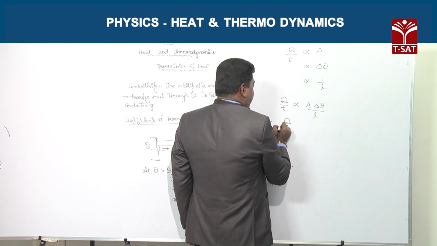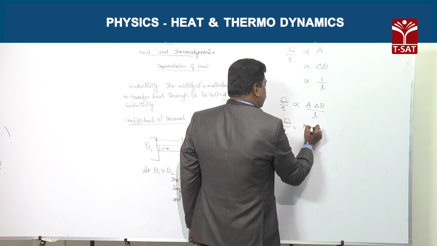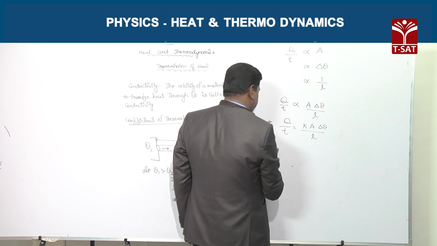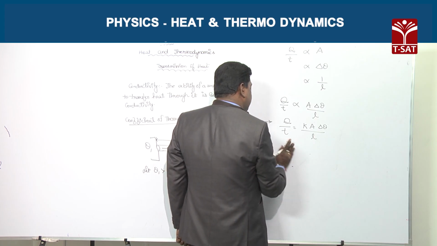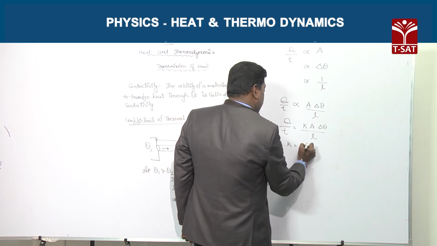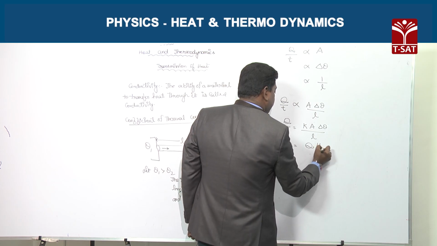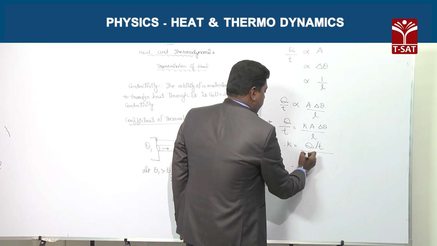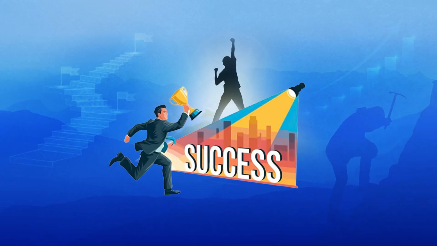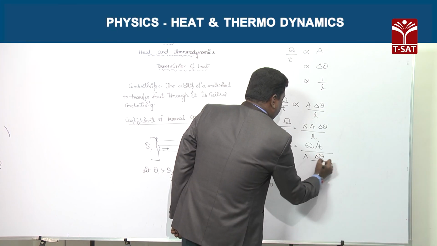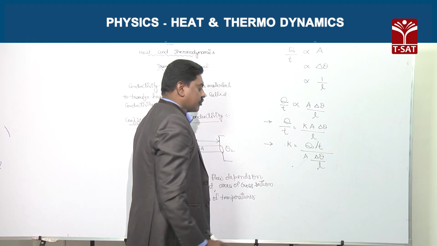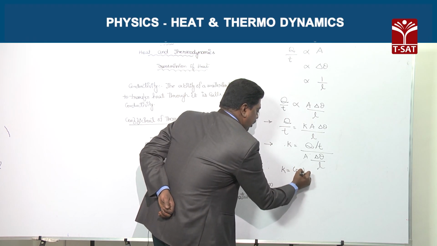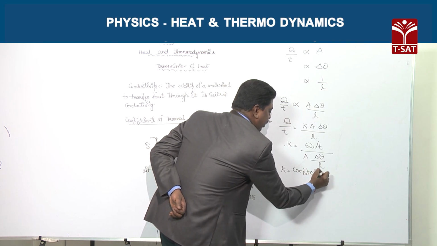Bringing the constant, we get Q by T equals K into A delta theta by L, where K is given as Q by T divided by A delta theta by L, and K is called coefficient of thermal conductivity.